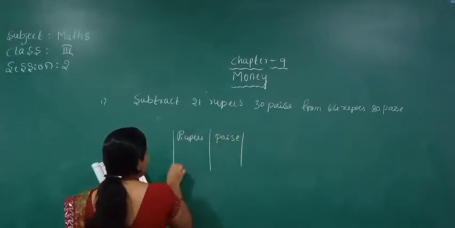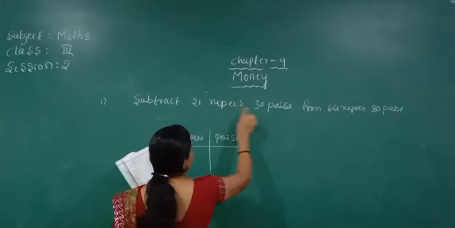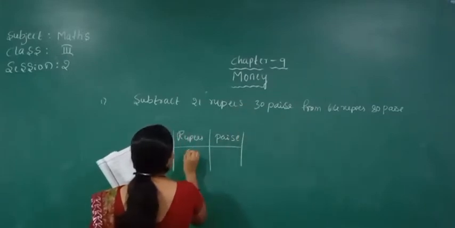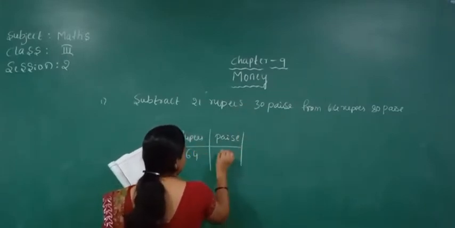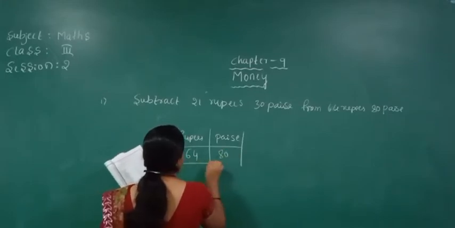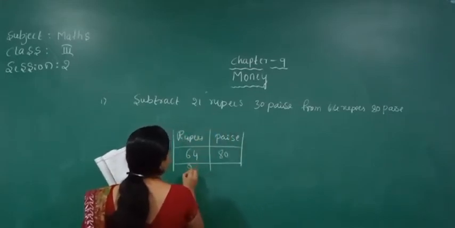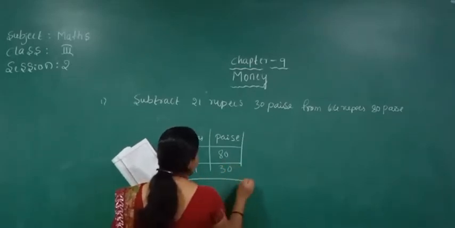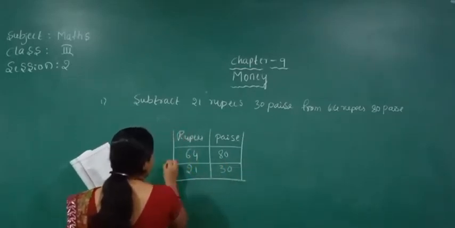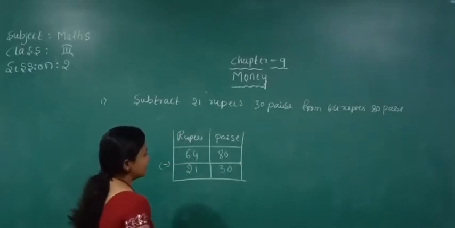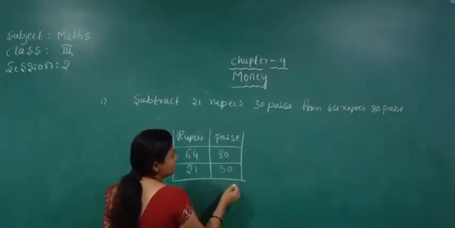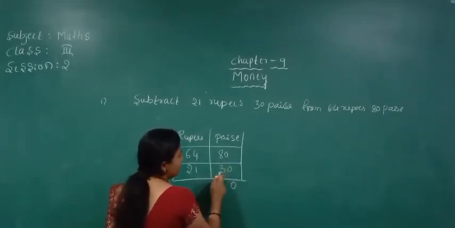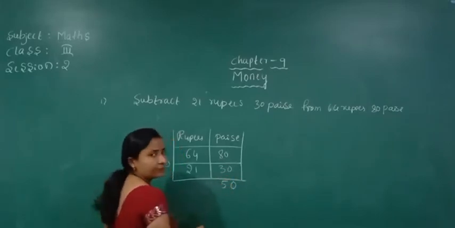We write the big number, 64.80, and below it 21.30, then we subtract. 0 minus 0 is 0, 8 minus 3 is 5.